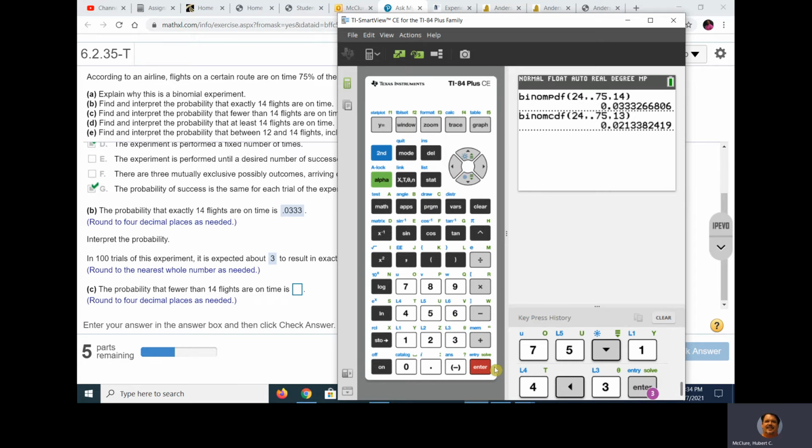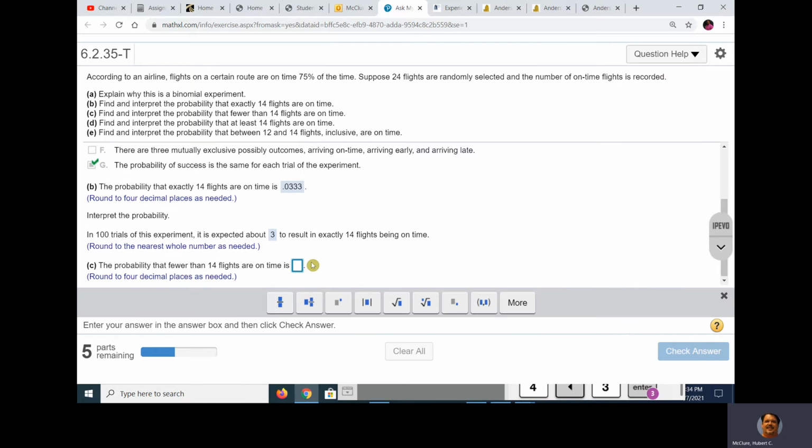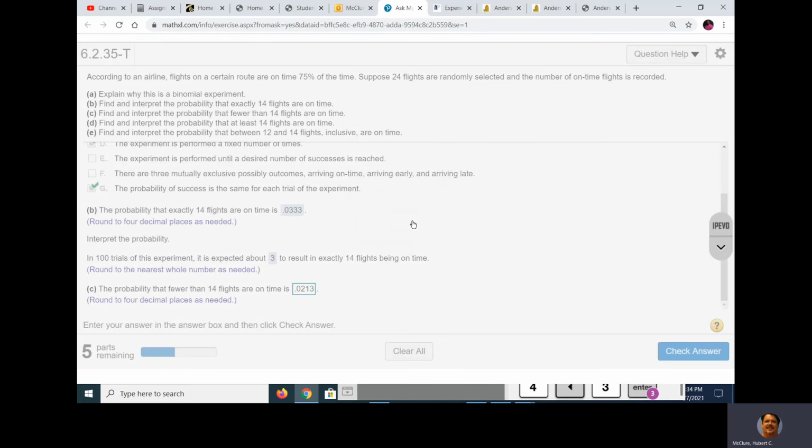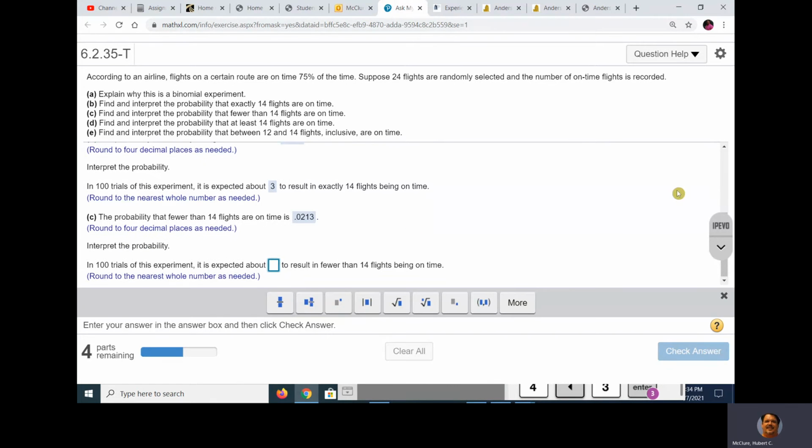And that is 0.0213. And we'll type that in. Move the decimal 2 places to the right. That will be 2 flights.